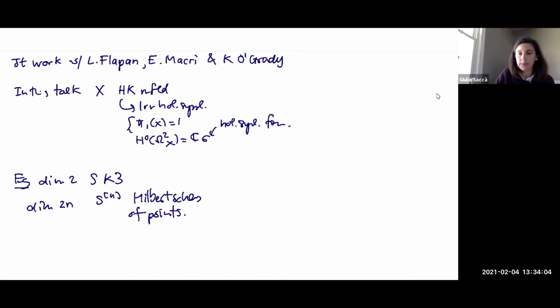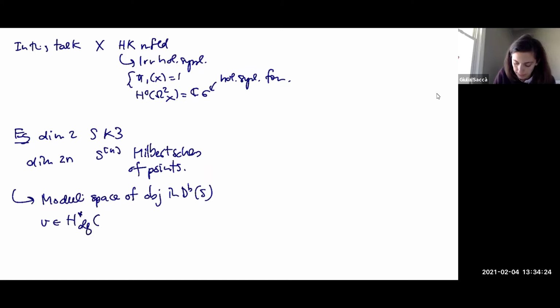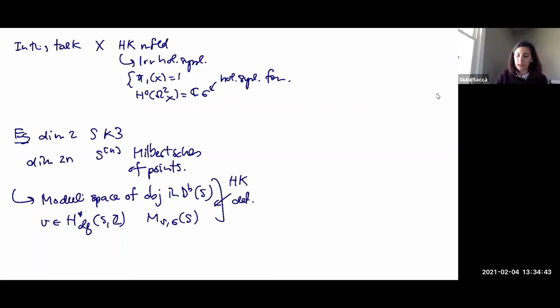And their deformations include moduli spaces of sheaves or objects in the derived category of S. And if I fix the invariants in the algebraic cohomology group of S, and I denote such moduli spaces like this, then for sufficiently good choices of v and stability condition, they're hyperkähler manifolds, deformation equivalent to the Hilbert schemes.